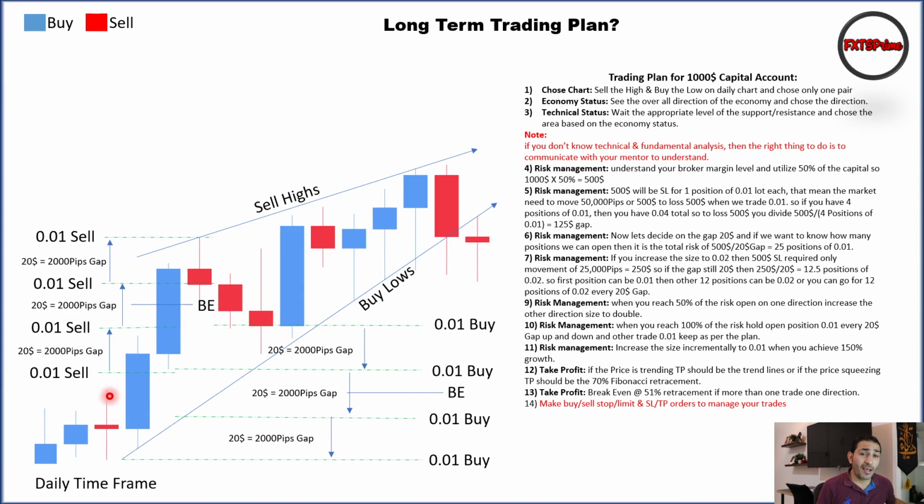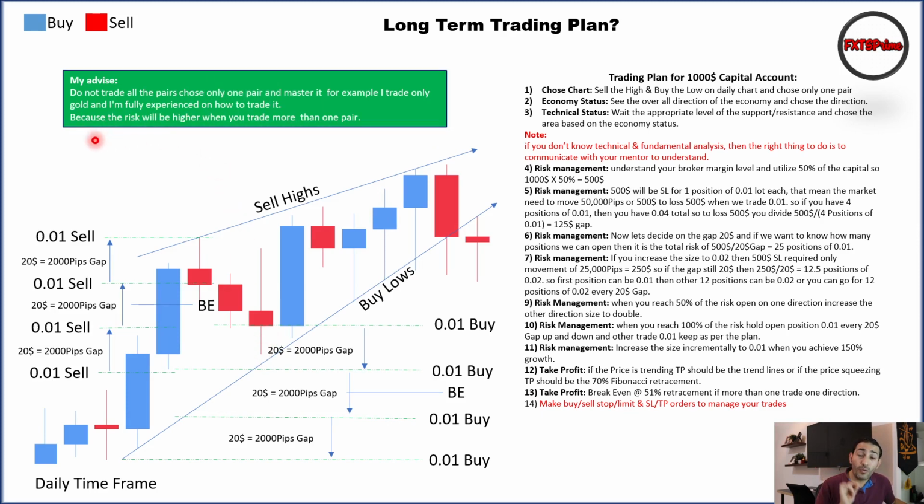And if you look here, guys, if you are trading this way, none of the trades will be lost. And this is how I have built my account. This is how I made $20,000 from April 2022 until now on this trading plan.